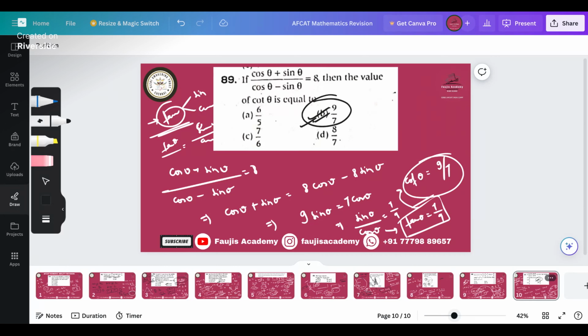I thought that you guys might have some problem with this trigonometry portion, because I did not test these portions in that detail, so I just wanted to do it for you. And most of the questions that I have solved over here have been taken from the 2022 first session of the examination. So it will help you a lot. You will be prepared with the previous year question paper.